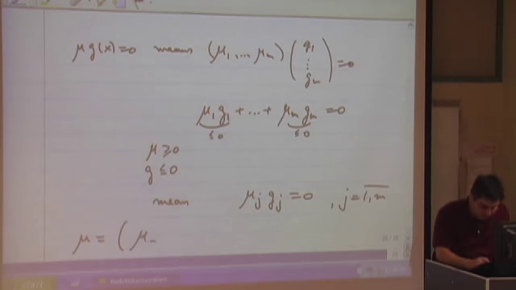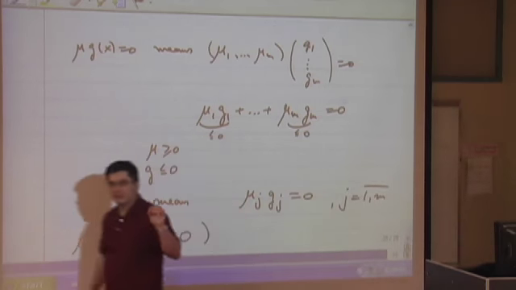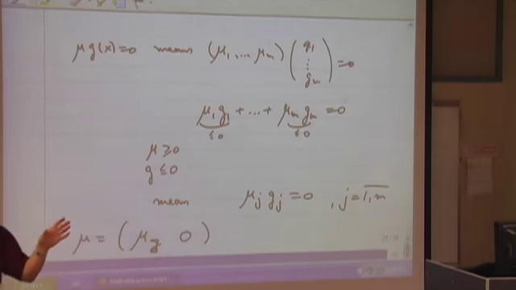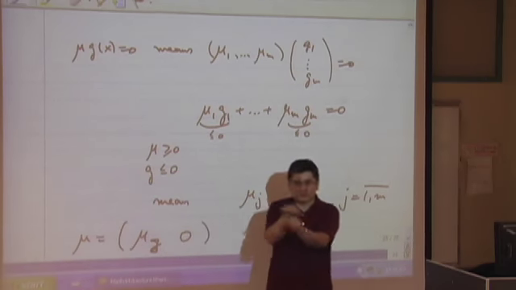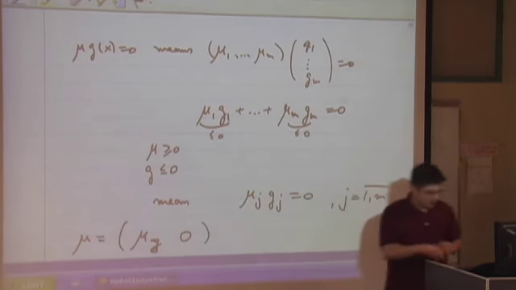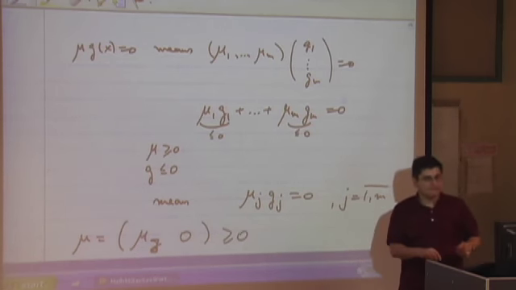Mu consists of, if I'm allowed to write like this, the components of that subset of indices for which there is a binding constraint, and the others are 0. Of course, by possibly reshuffling the order. But these are the, and of course this is positive. Okay?